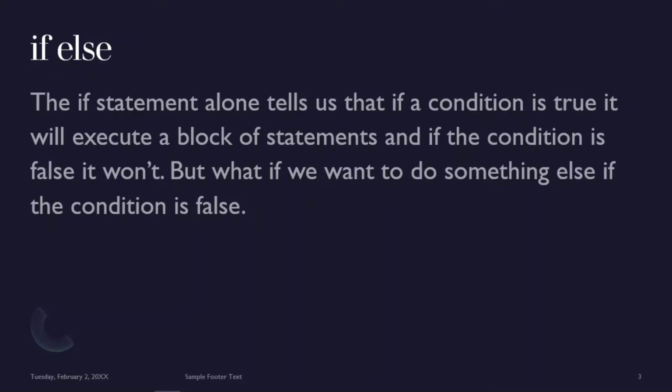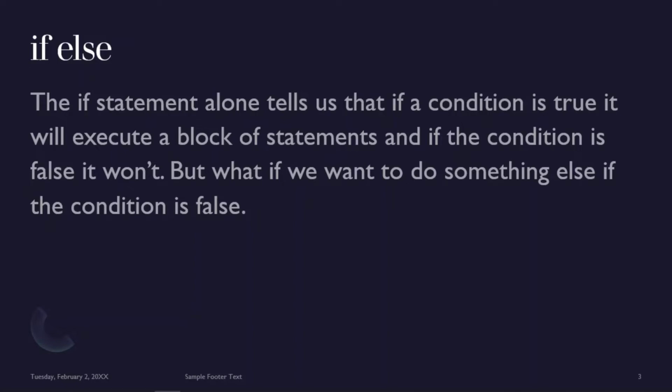In the previous example, we saw if alone. What does that tell you? If a condition is true, it will execute a block of statements, and if the condition is false, it will not do anything.